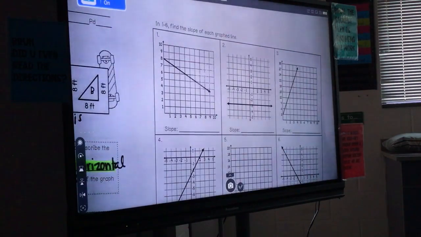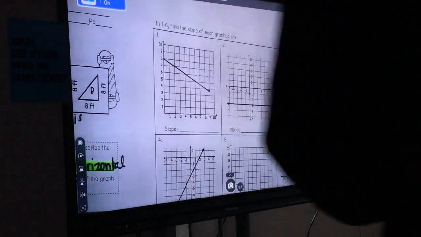How do we find this mistake? For this question, what would the y-intercept be?